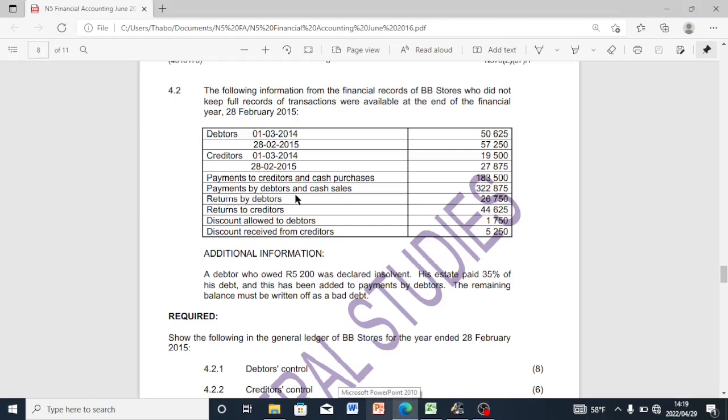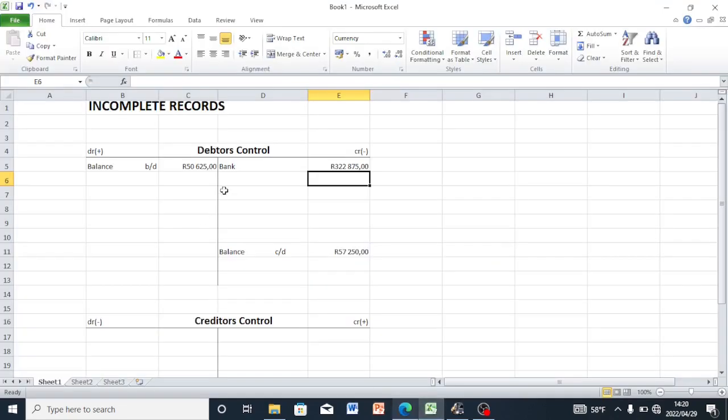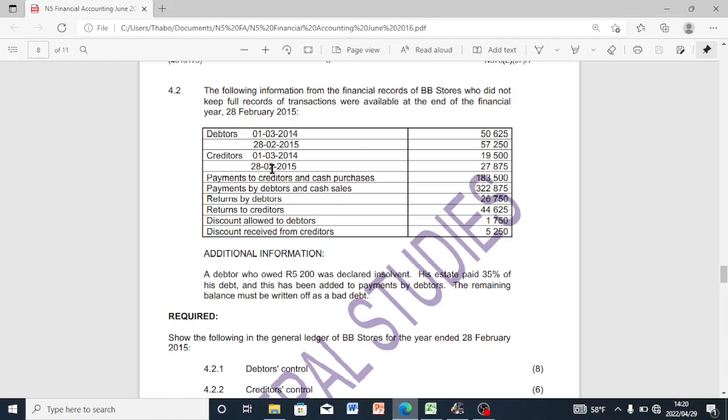Returns by debtors. So these returns by debtors, we are going to take it as it is, which is 26,750. Returns by debtors are also going to be recorded on the credit side. So when the debtors return any of the products that we have sold to them, it's going to decrease our debtors control, because previously we would have sold them on credit.